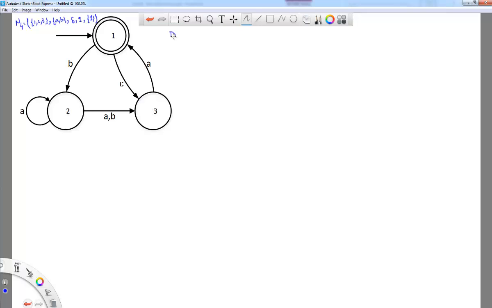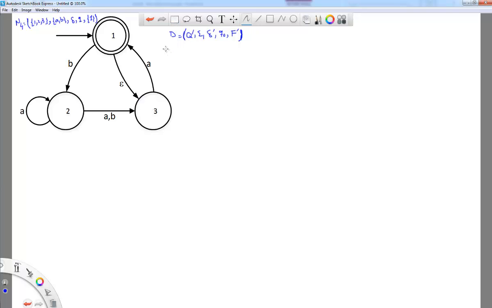I want to construct a DFA for it that is (Q prime, Sigma, delta prime, q sub 0, F prime). So now let's start working on this.